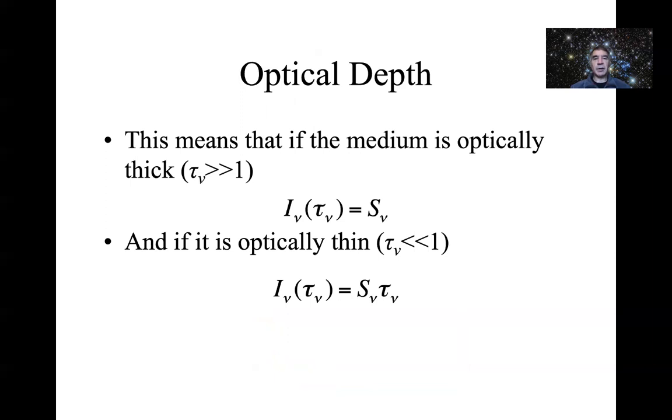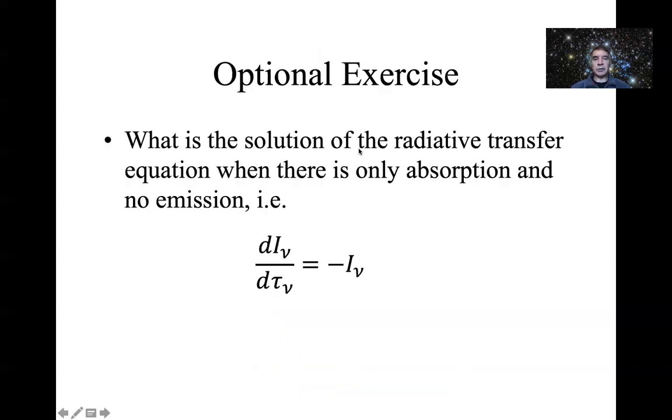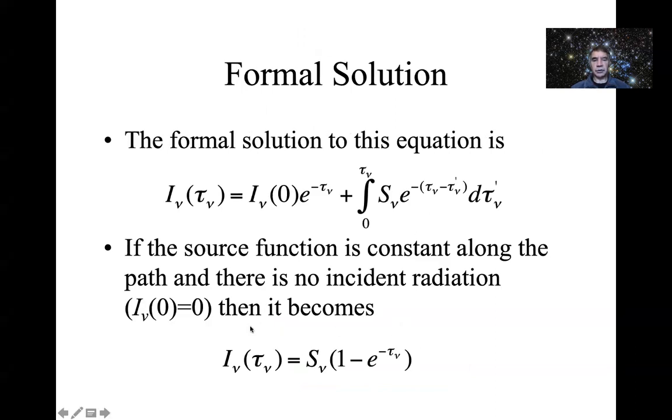Okay, let's move on. Let me return to this solution here. We've got the e to the minus tau factor on the right-hand side, and there are basically two extremes that you could consider. As I mentioned before, if tau is much, much greater than 1, then this e to the minus tau factor is going to tend towards 0.